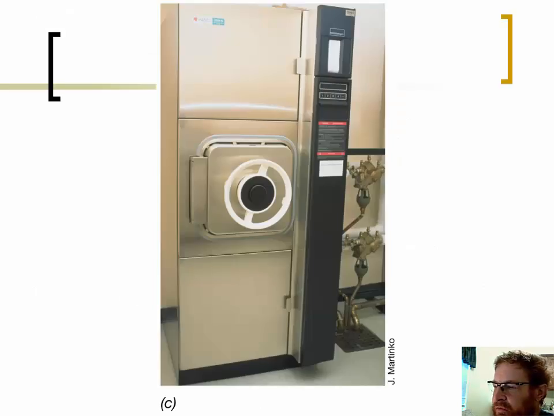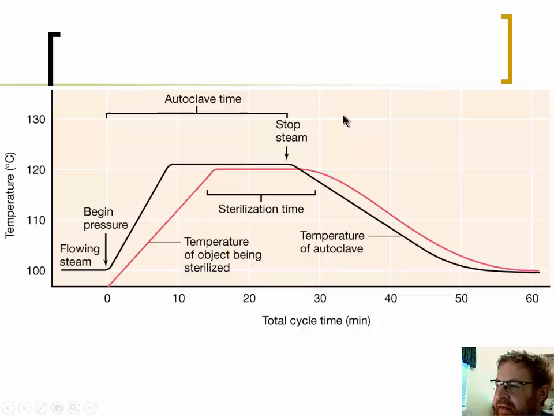This is one of the autoclaves at Stockton. It doesn't look that impressive just from the outside, but you have a chamber in here where you can put materials that need to be sterilized. It will record the temperatures and let you know how much pressure is built up in the system.